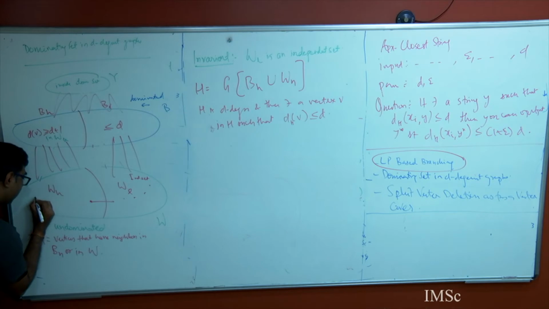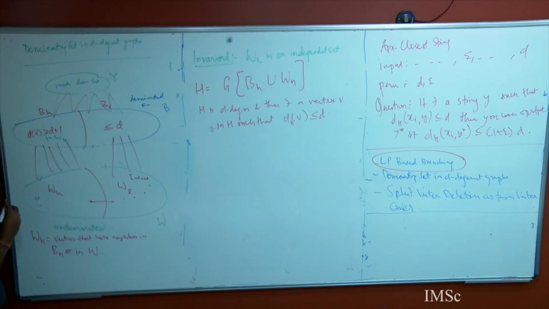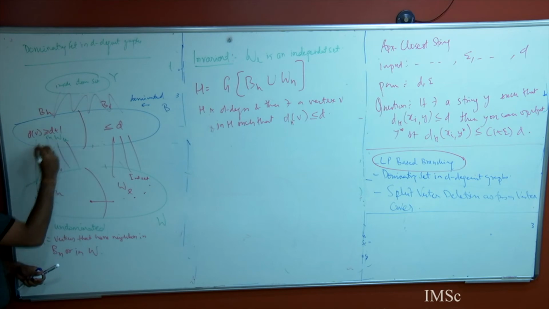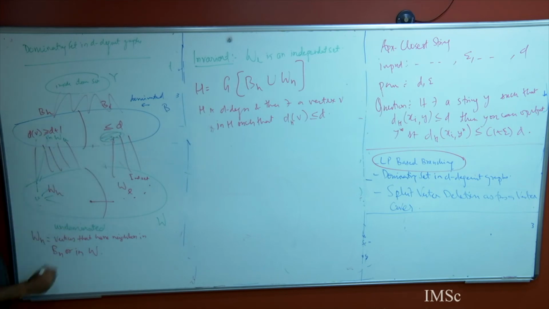So clearly now V is sitting here. So this is very clear that V has at most D neighbors: here, here, here or here. But this guy could have unbounded neighbors here. I cannot help it. Do you agree? How can I branch on him then? Can I branch?